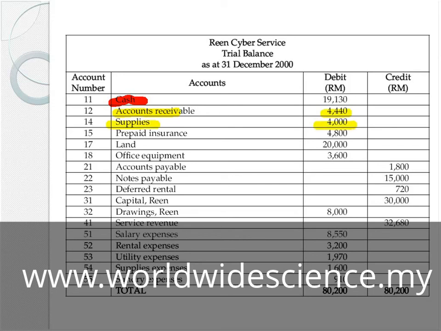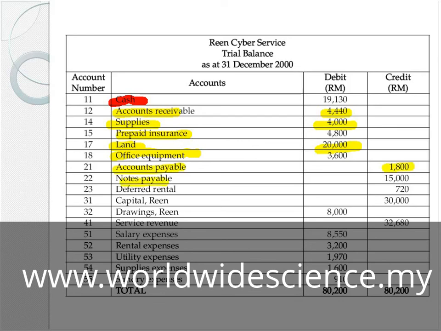You remember our land, we show on the debit, that is the plus, means increase. Office equipment, same. What about the accounts payable? This is our liability, we show on the credit side. Notes payable, the rental, also.